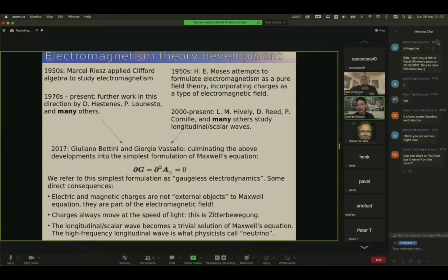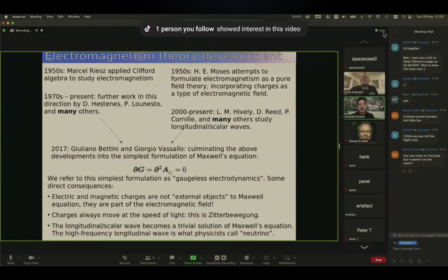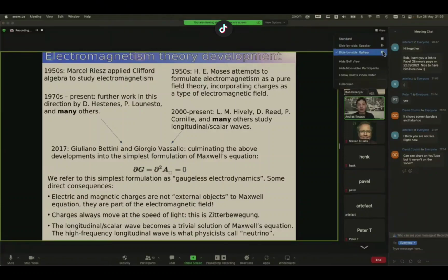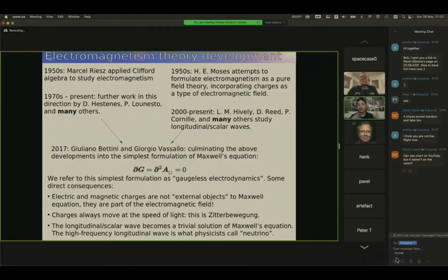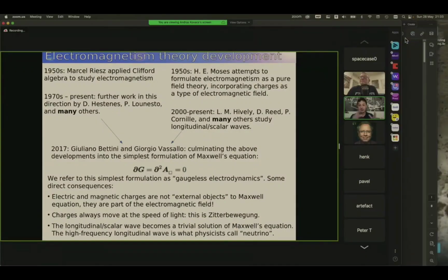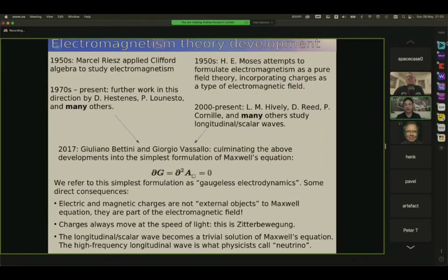That's the point there. And then Riesz's work has been further elaborated by David Hestenes, Lounesto, and many other mathematicians. So this is really a growing trend that's now reaching critical mass to apply Clifford algebra to describe electromagnetism.